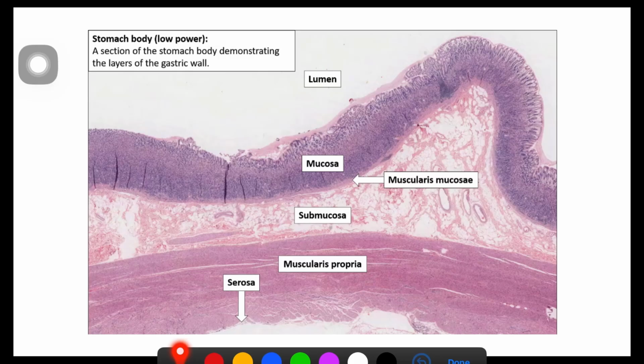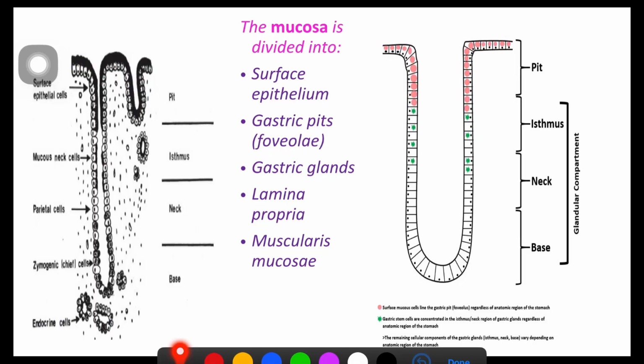So here this is the low power view of the fundus body area. This is the lumen portion lined by this mucosa. Beneath this mucosa, muscularis mucosae, submucosa, and this is muscularis propria, and the outer one is the serosal lining. Now let's see mucosa.